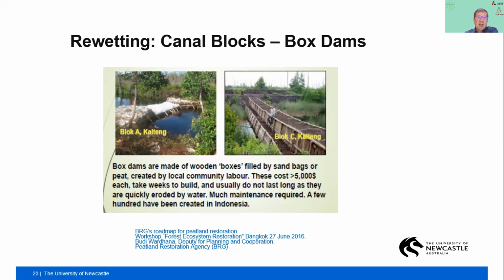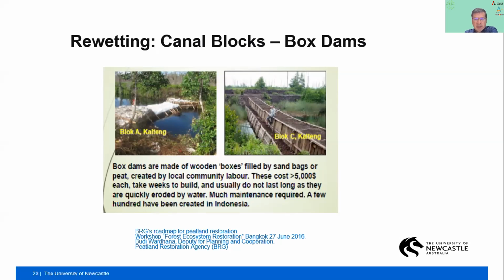In blocking the canal, the water is not going further out to the sea or being pumped out. And so the water would reverse and be blocked, and hopefully then the groundwater will be raised. The different kinds of canal blocking include box dams, made from wooden boxes filled with sandbags or peat, created by local community labor.